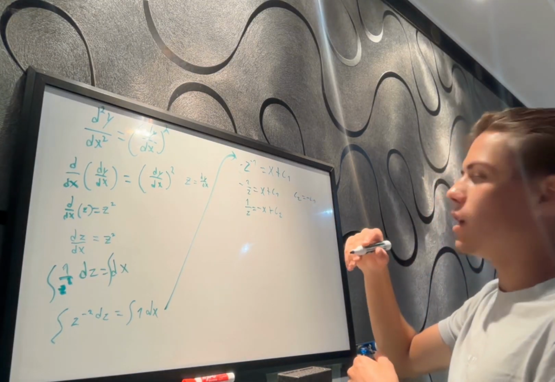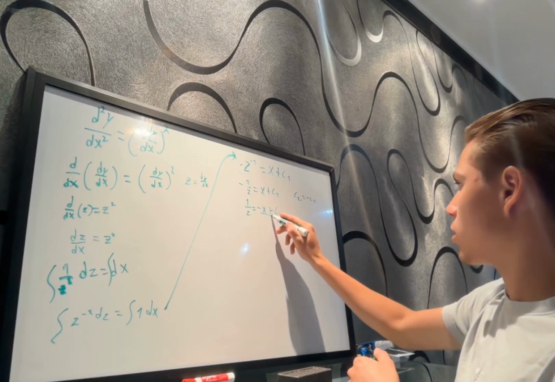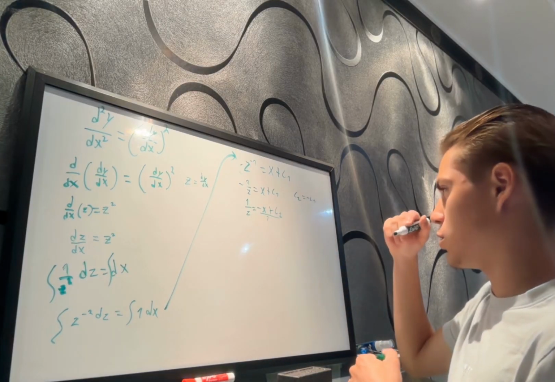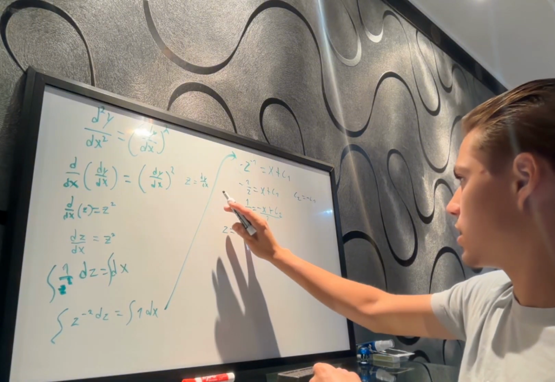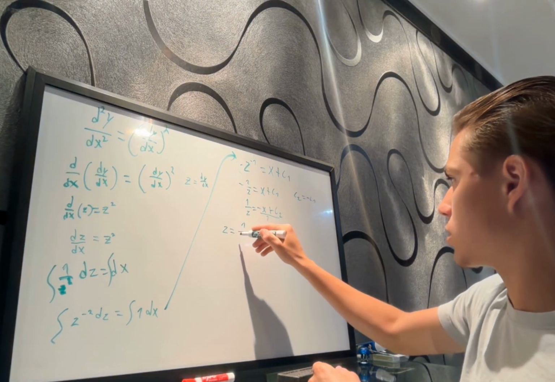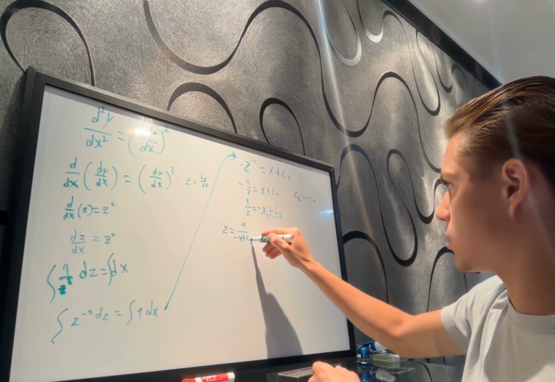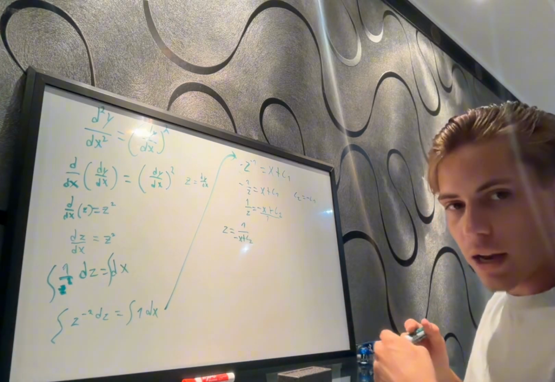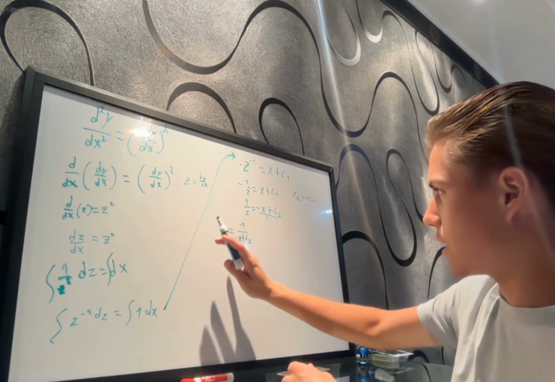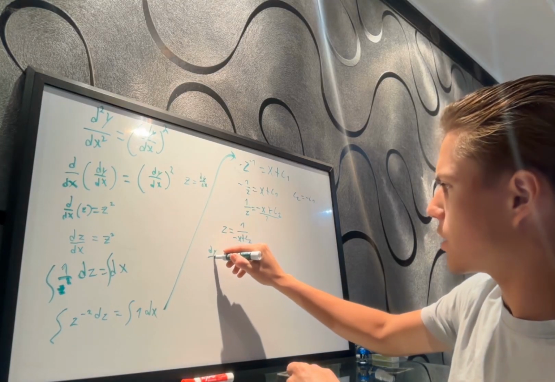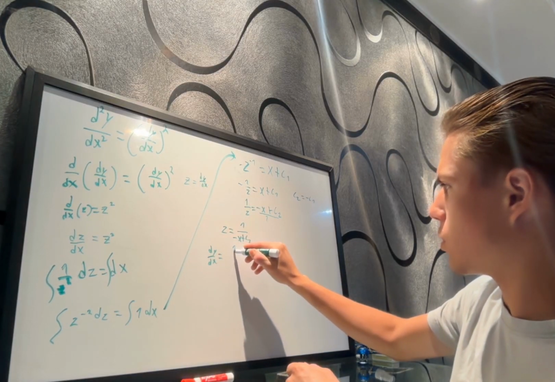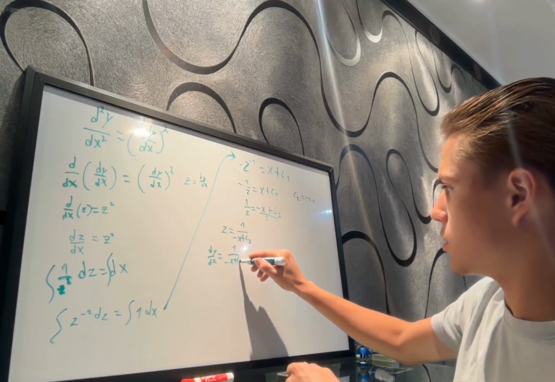Now I can put this over 1 and do an algebra trick: flip this side, so z is equal to 1 over -x plus c2. Now we put in our dy dx again, because our z is equal to dy dx. So dy dx is equal to 1 over -x plus c2.